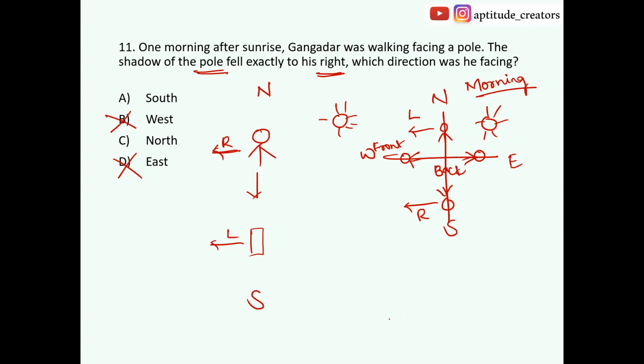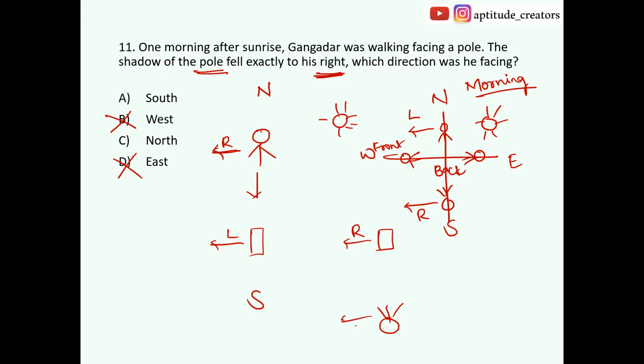Now, if the person is facing towards the north direction, then the pole is here. It is not possible, because the shadow of the pole is facing towards the right. But the question is saying the shadow of the pole fell exactly to the person's right side.